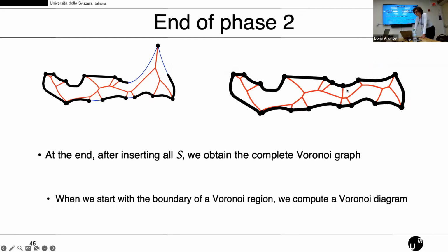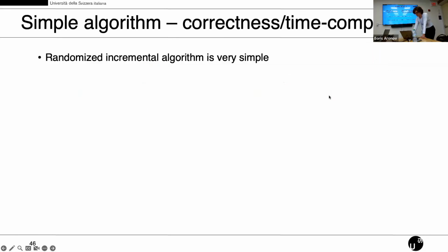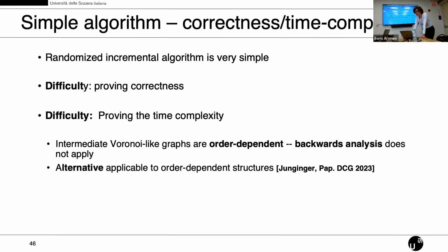And when we start with the boundary of a Voronoi region, what we compute will have no auxiliary arcs, will be a real Voronoi. So the algorithm is rather simple. What was not so simple was proving the correctness of it and proving also the time complexity, because the intermediate structures are quite different.